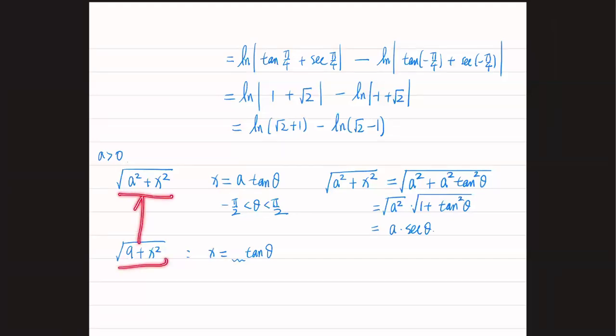If we want to match this, what will be a? If I say a squared plus x squared is 9 plus x squared, how do you find this a? 3. Okay, so that is what we're looking for. This will be 3.